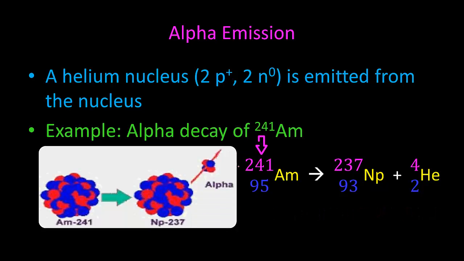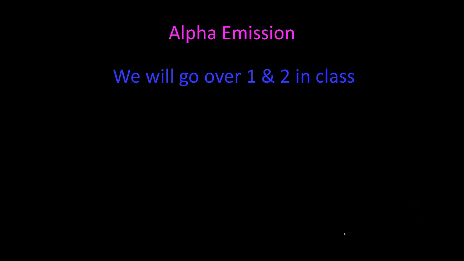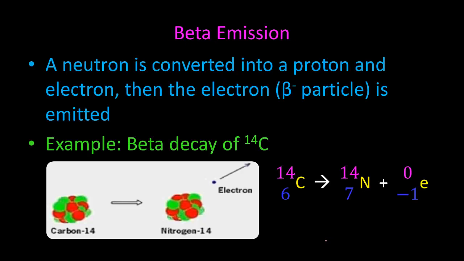Now if you notice, 241 should equal 237 plus 4, and it does. So our top numbers, our mass numbers, are balanced on each side of the equation. Now our atomic numbers must also be balanced. 95 is equal to 93 plus 2, and it is. Examples 1 and 2 we're going to go over in class for alpha emission.